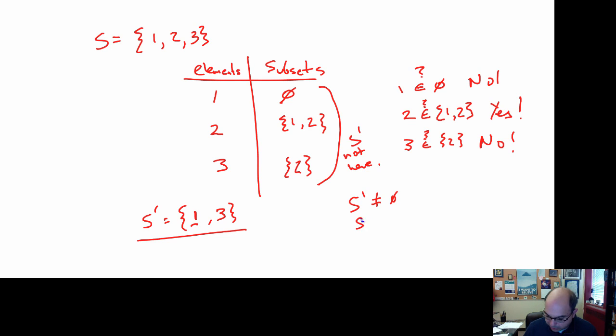S prime is not equal to the set 1, 2, which is S2, because the number 2 belongs to S2, but is not in S prime, which is 1, 3. And finally, S prime is not equal to the set 2, which is S3, because all I have to do is look at the number 3. 3 is in S prime, but is not in S3. So that's how I can always construct this new set that isn't one of the ones we were looking at.